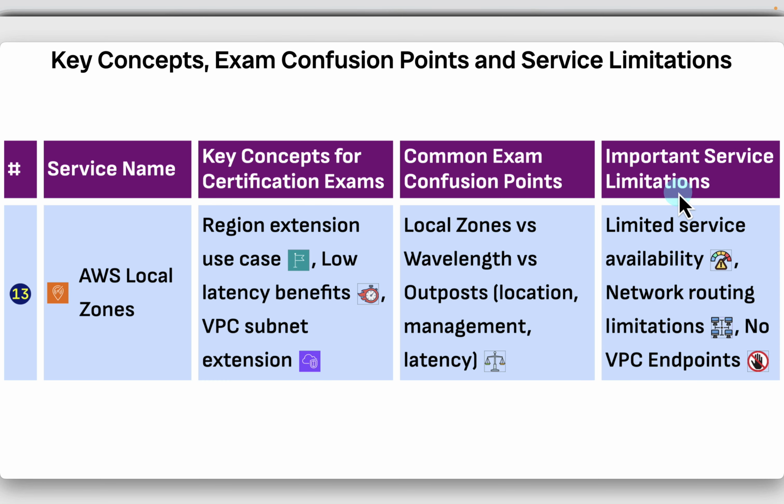Important service limitation: this is limited service availability, because they cannot have their own infrastructure in every data center provider's location around the globe, right? And there are network routing limitations, and no VPC endpoints are available.